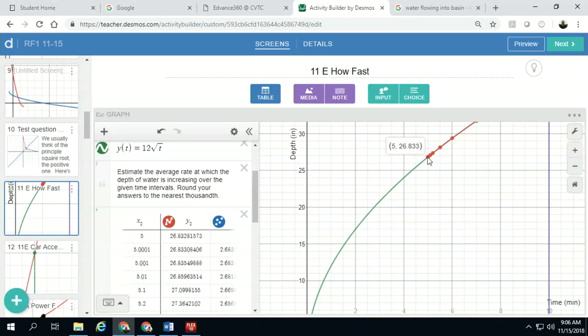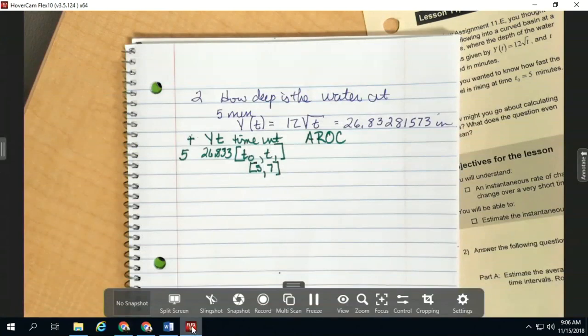So for the interval 5 to 7, what other number do we need?